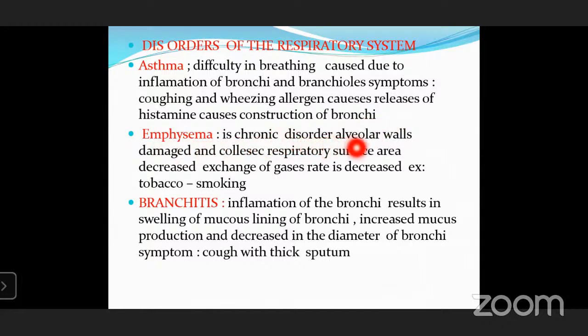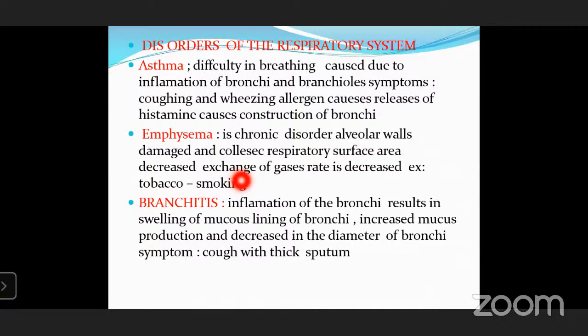Then the respiratory surface area is decreased, so the rate of exchange of gases is decreased. Example: tobacco smoking.